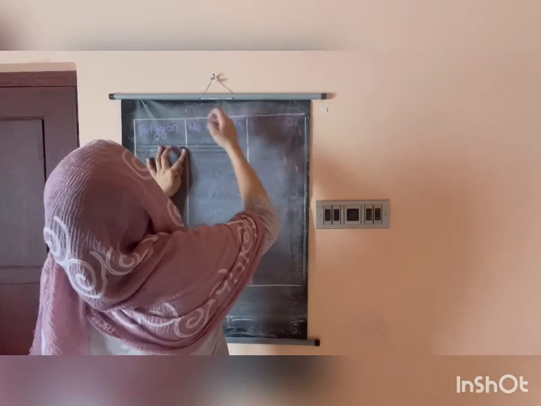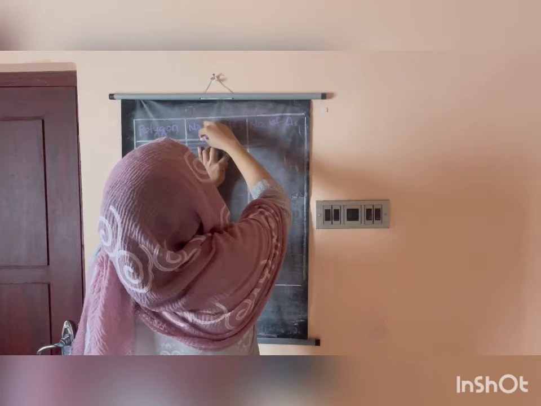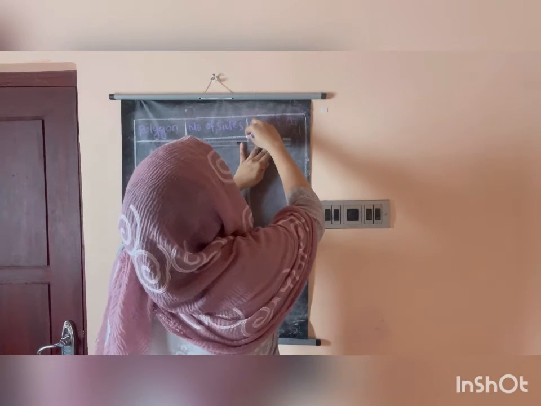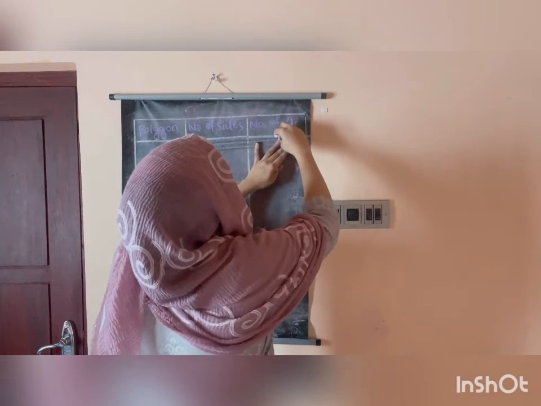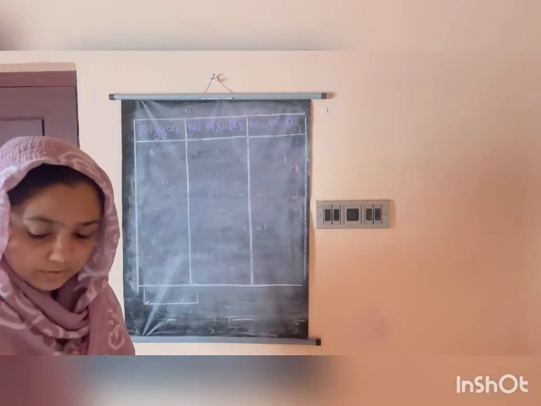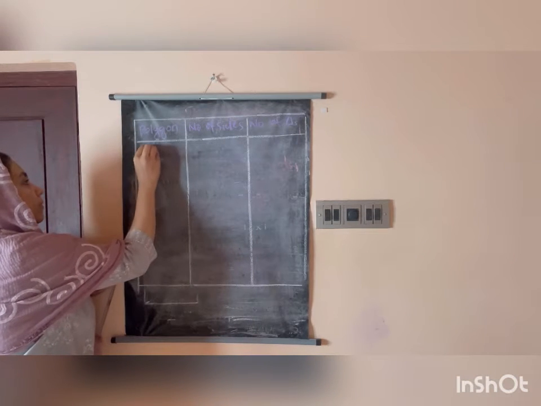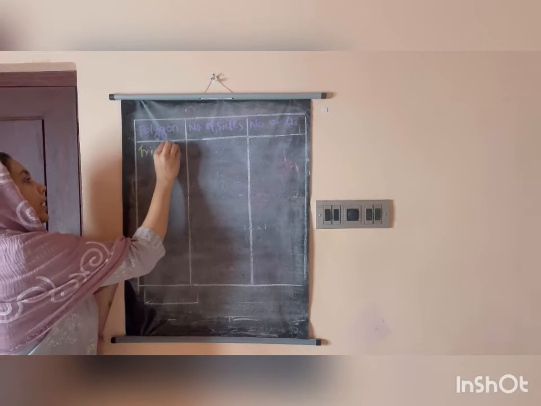Okay. Then, what was our first polygon? Yes, triangle. Our first polygon is a triangle. How many sides does a triangle have?